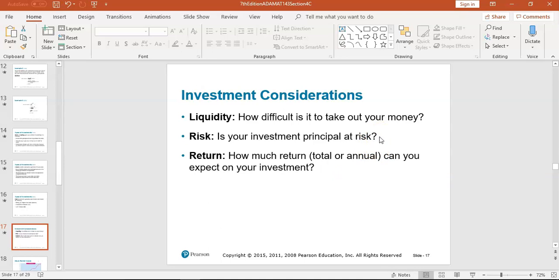It kind of depends on where it's locked up. Is it in a stock? Well, that's very risky, but you can get it any time. But you're going to make a lot more than if you left it in like a 10-year bond. I wouldn't say that's risky, but the longer you leave it in there and you risk access, then you're going to get more money on that.